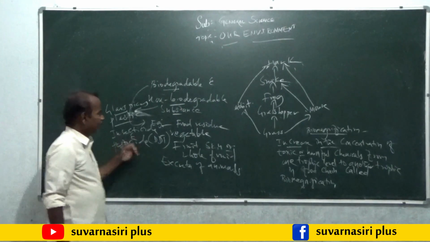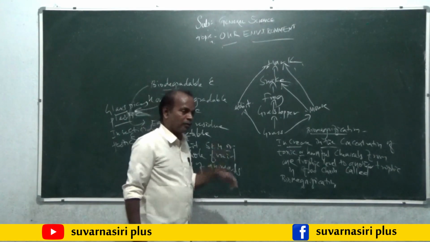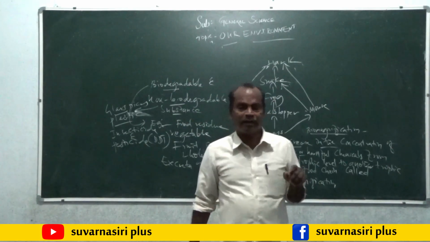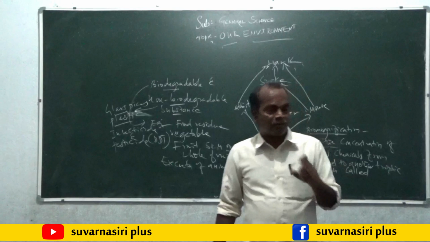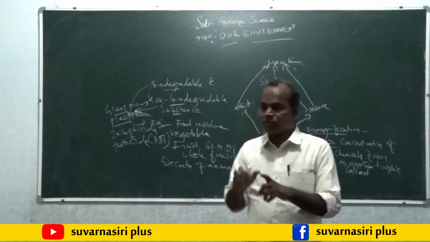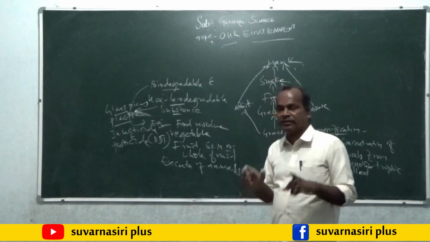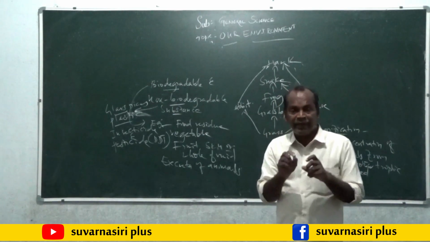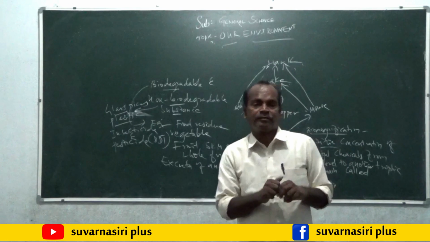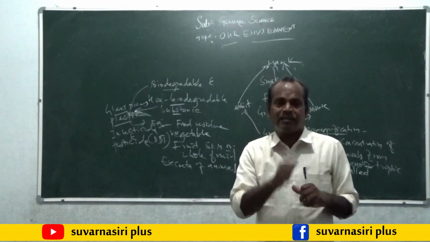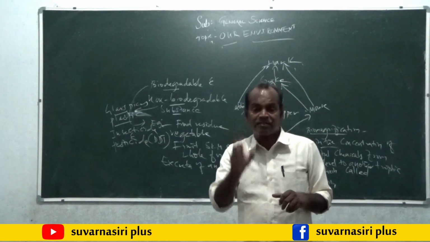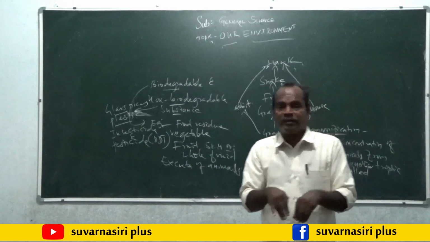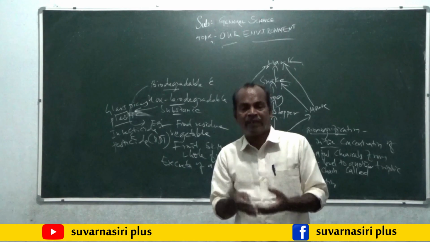There was a question asked in 2019 regarding biodegradable and non-biodegradable substances. The question is like this: a student collected pieces of cucumber, the peel of banana, a plastic pen and glass pieces, and put them into the soil for a month.